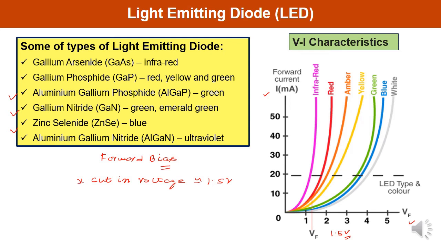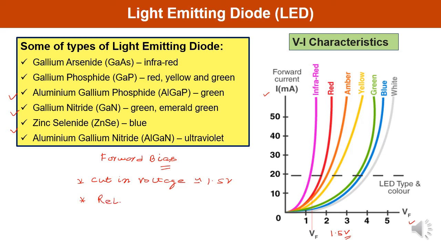At the same time, when the PN junction is forward biased with a voltage greater than 1.5 volt, then recombination of electrons and holes takes place, and during the recombination process the electron releases energy in the form of light.